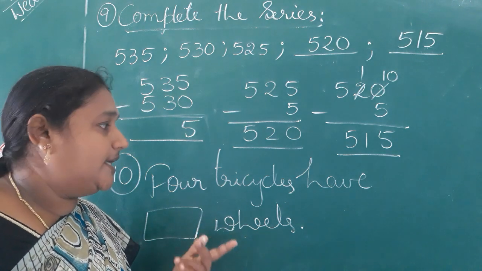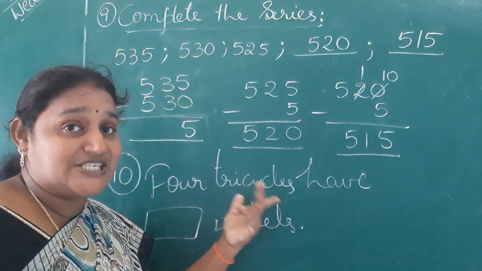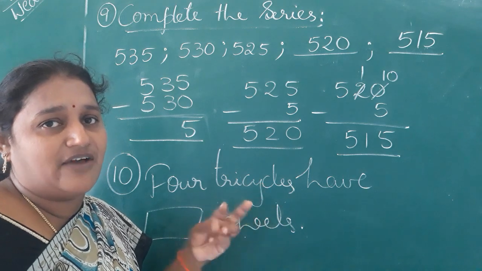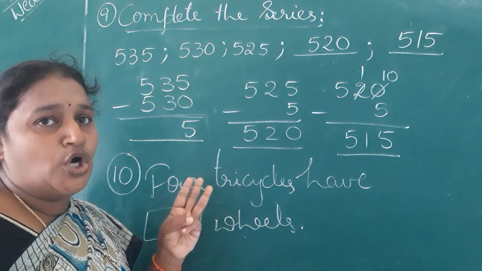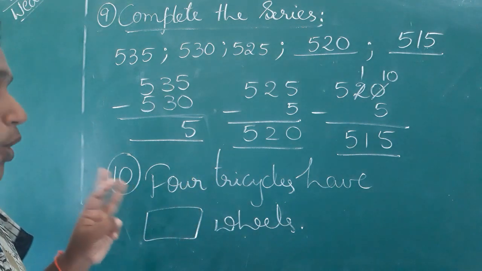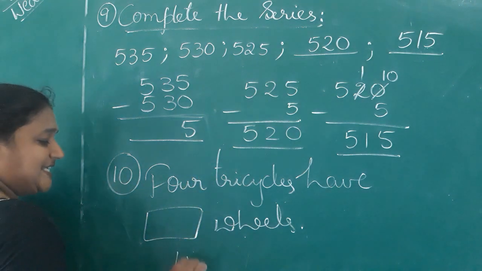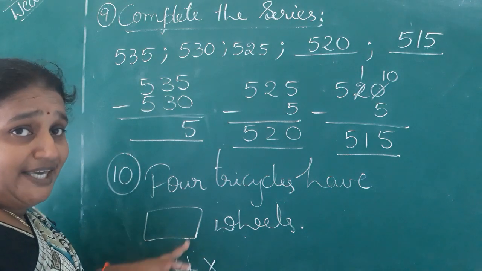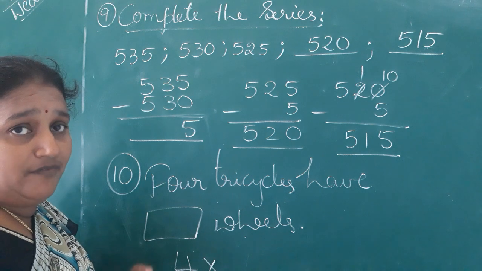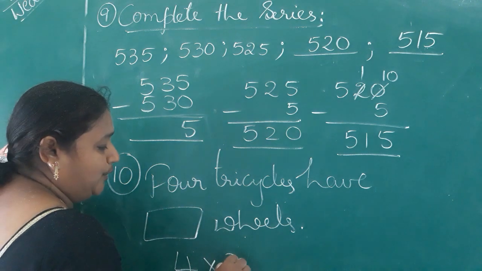Yes. Here the question is about tricycles. Tricycle means a cycle which has 3 wheels. So 4 tricycles. 4 into how many wheels each one has? Each tricycle has 3 wheels. 4 into 3.